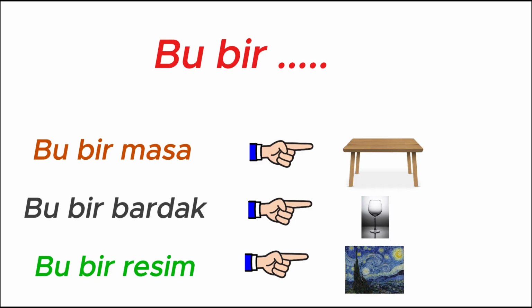Bu bir bardak. This is a glass. Bu bir bardak. Bu bir resim. This is a picture. Bu bir resim. Very good.